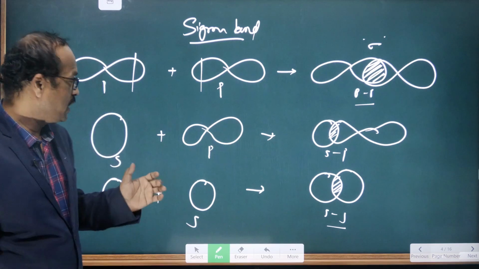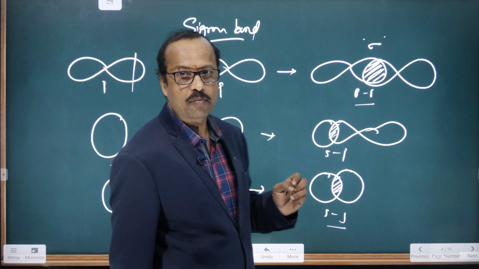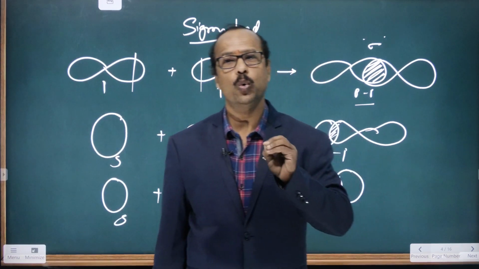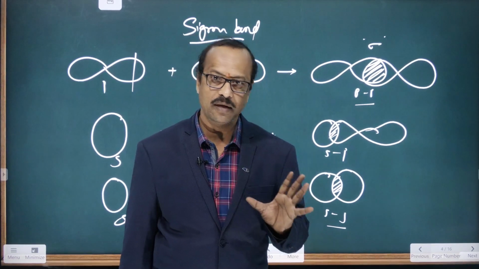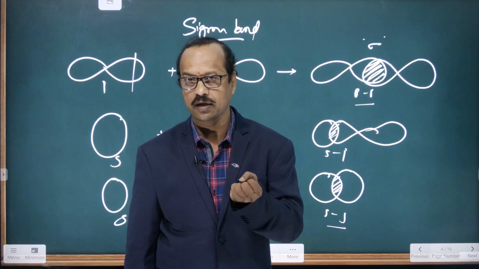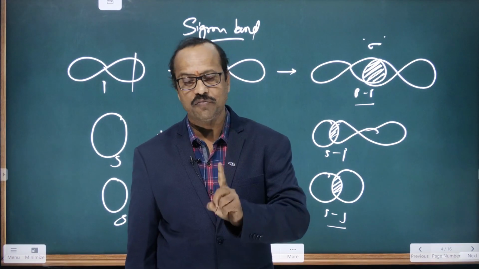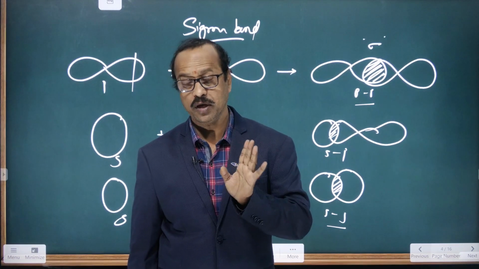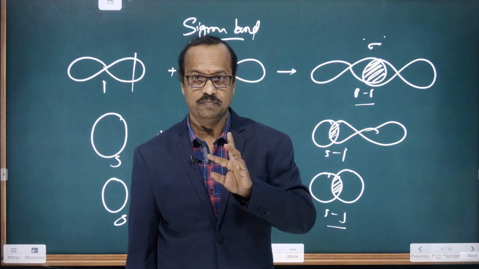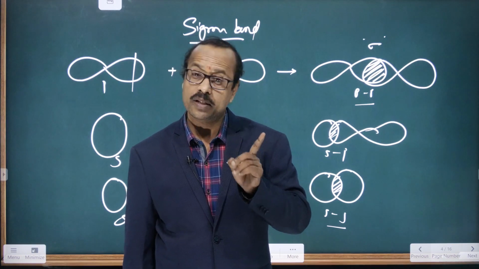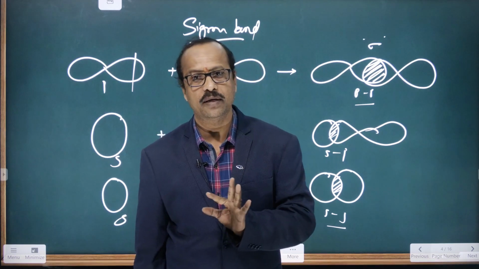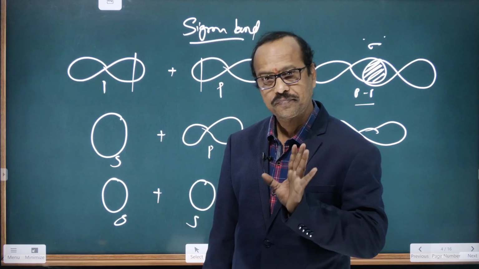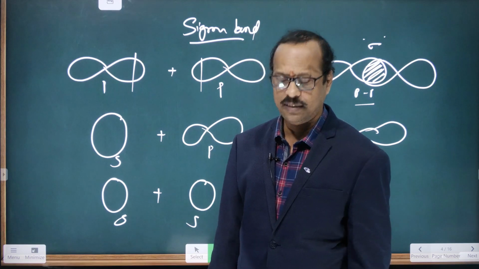No. So the S orbital can form only sigma bonds. This is a very important point. Wherever the S orbital is involved in bond formation, it forms only a sigma bond. Wherever p orbitals participate in the overlap, there may be sigma and pi also, but an s orbital cannot form a pi bond. Is this clear to you?